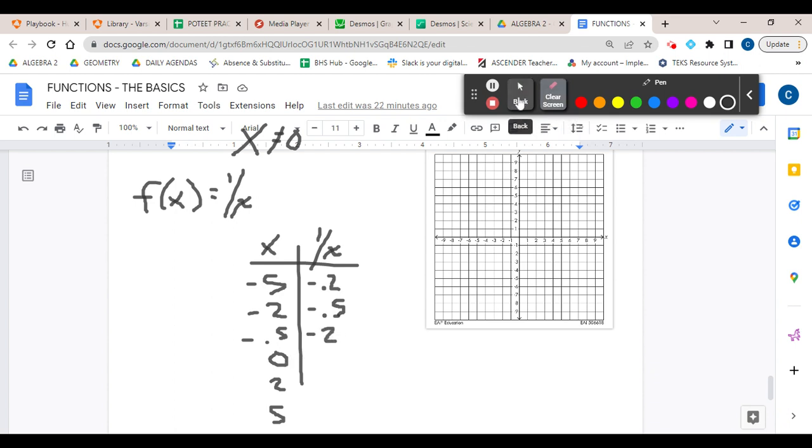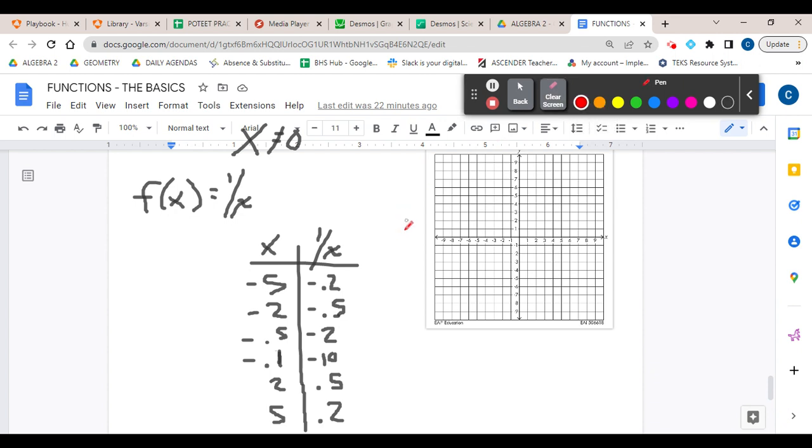Can't do 0, so let's go negative 0.1. 1 divided by negative 0.1 is going to give me negative 10. Now coming over to this side, 1 divided by 2 is 0.5, and 1 divided by 5 is 0.2. So let's look at this graph here.